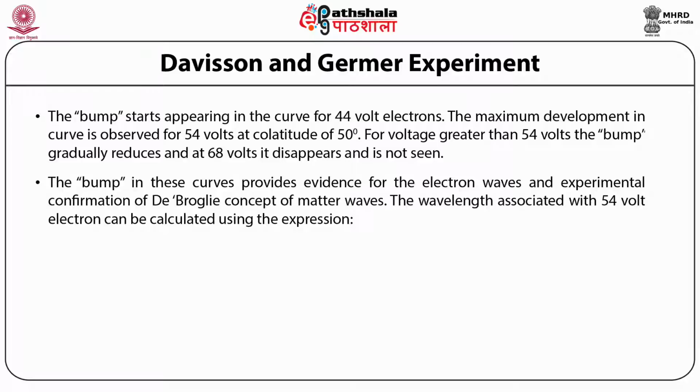The wavelength associated with a 54 volt electron can be calculated using the expression lambda equals the square root of 150 by 54 angstroms, which equals 1.66 angstroms.